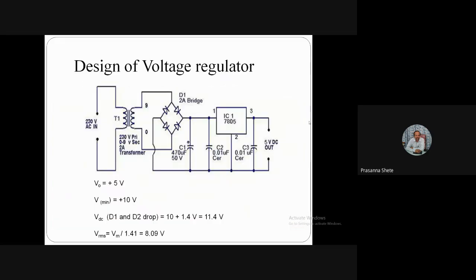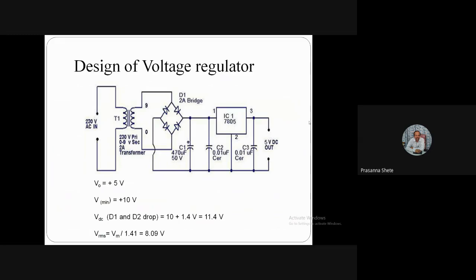Now here we have a specific design of voltage regulator where you can see the complete block diagram of the positive voltage regulator, of course, with output 5 volts DC. Hence you can see on the screen that we have a transformer which is 230 volts primary and 0 to 9 volts secondary. The specifications of the transformer are written right down below the transformer.